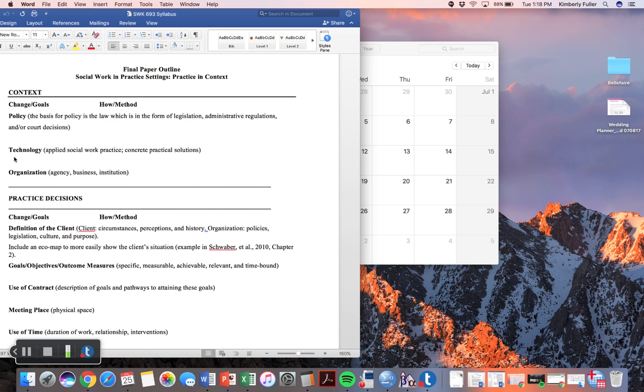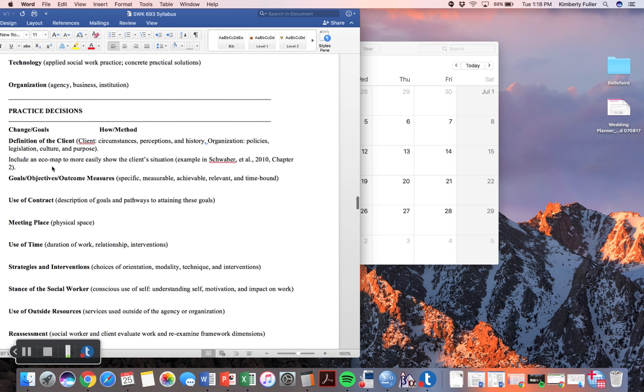So you can select policy, technology, organization, or you can do the practice decisions. And then you talk a little bit about the client. Who is the client? What do we know about the client's systems? If we're looking at policies or legislation or culture, what do those things say about that particular client?